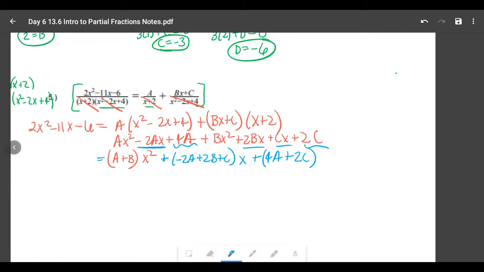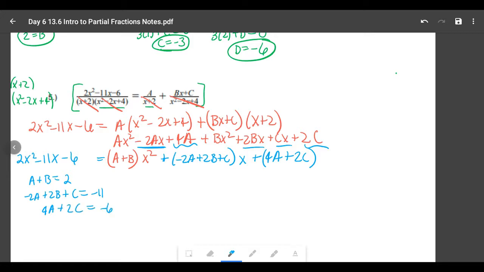All right, now that should equal everything on the left side, which is 2x squared minus 11x minus 6. So now I need to set some of these coefficients equal to each other. So a plus b equals 2. -2a plus 2b plus c has to equal -11. And then 4a plus 2c has to equal -6.